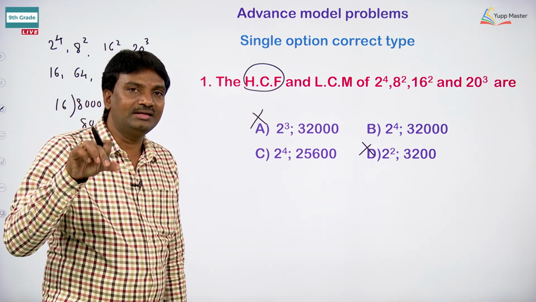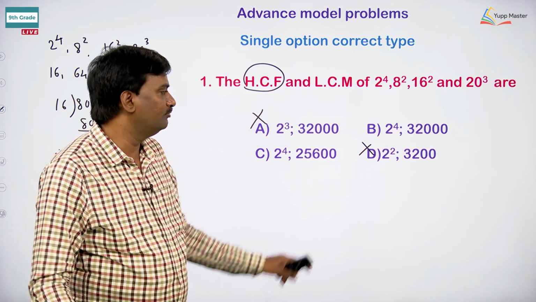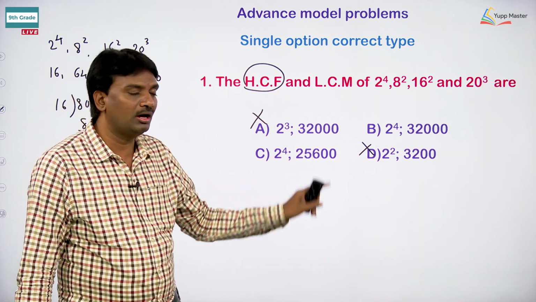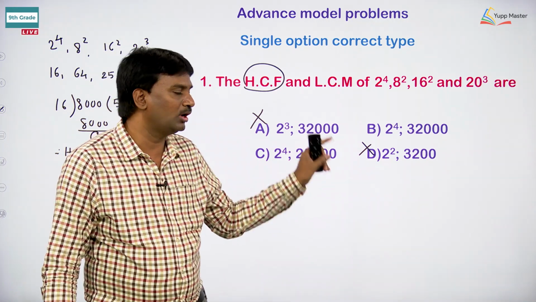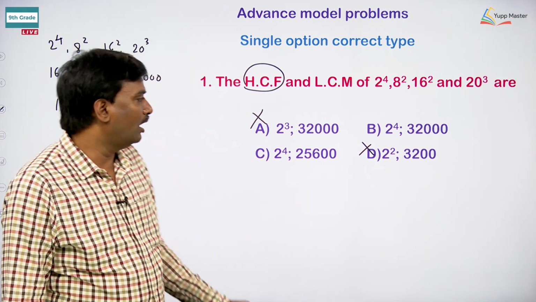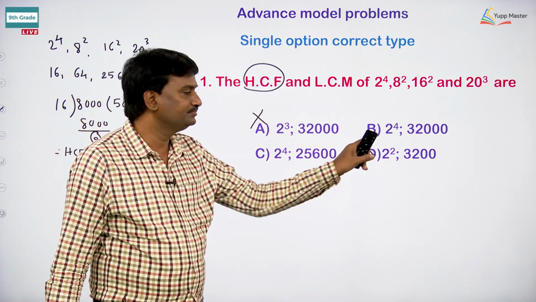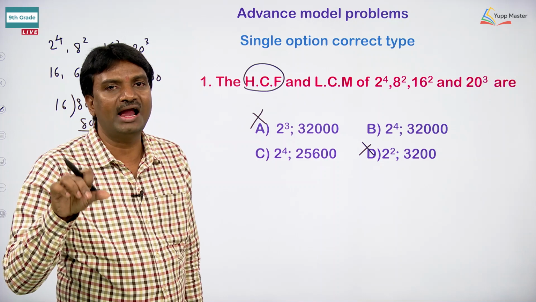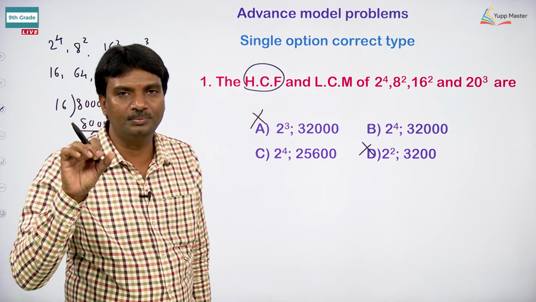By finding the LCM of the given numbers, we will get the correct option. Out of the given 4 options, A and D are already eliminated, so we have only 2 options, B and C, and only one of them should be correct.